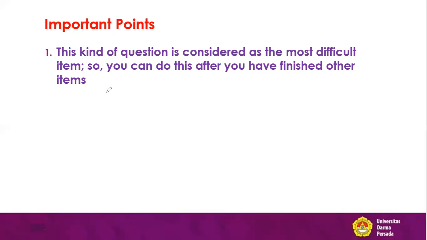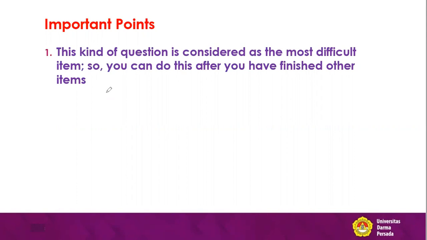I repeat again, you have 50 items, and you have to do that in 55 minutes. That means you have to count that one item is supposed to be done in 1 minute. The question is that sometimes we find difficult questions, sometimes we find easy questions.